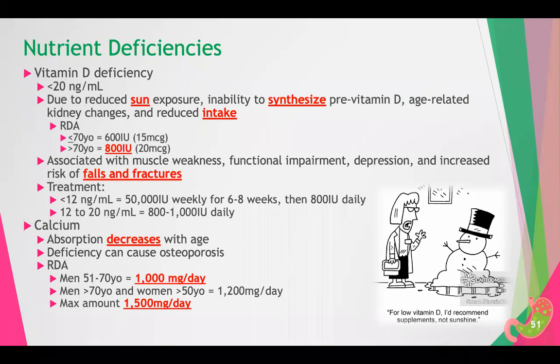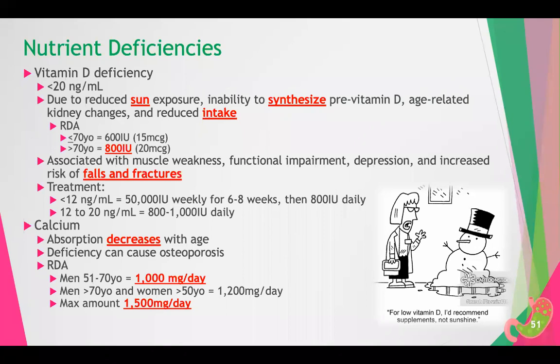But if they have a vitamin D deficiency that's not as severe, if their vitamin D level is between 12 to 20 nanograms per milliliter, we would recommend 800 to 1,000 international units daily to treat that deficiency.